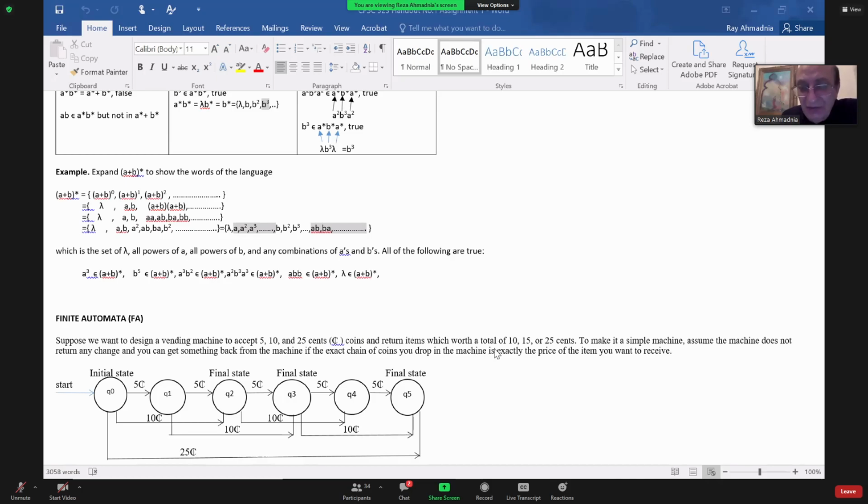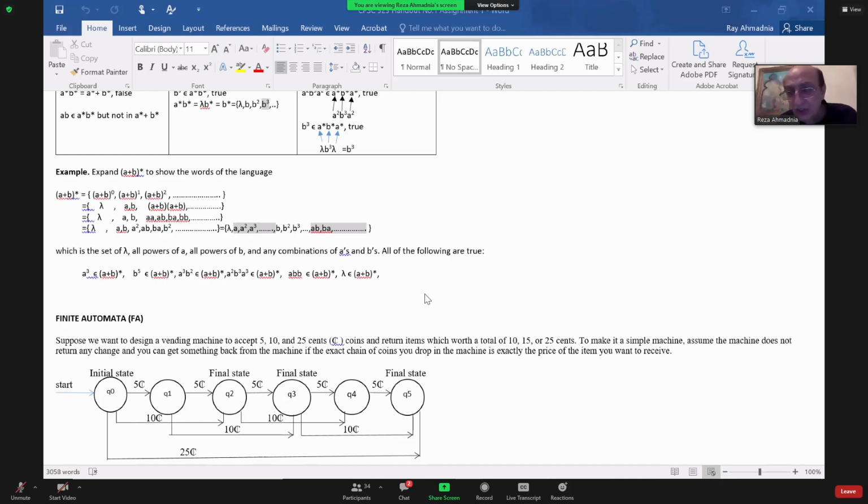And if you want to get something back from the machine, the total money you drop in has to be 10 cents, a total of 15 cents, or a total of 25 cents. If you drop more than enough, just to make the machine simple, you are not going to get anything back from the machine. So keep those in mind.